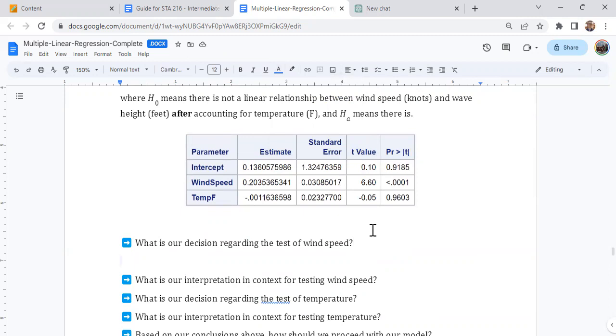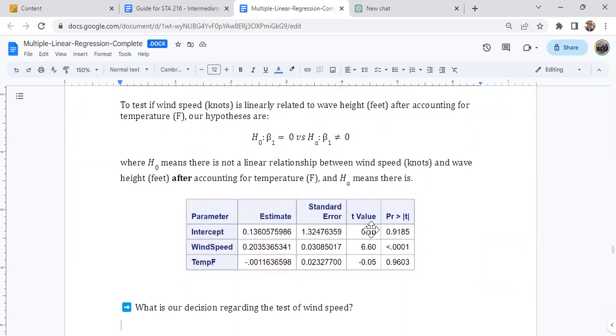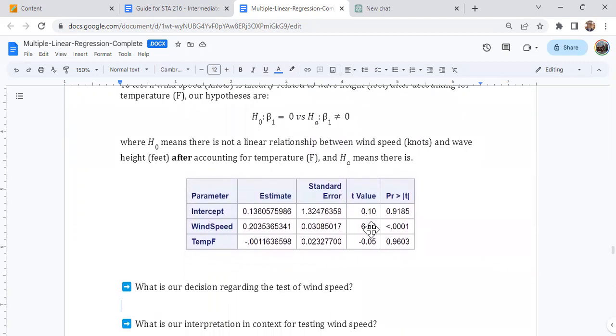Again, statistics is all just a bunch of hypothesis tests, where we're deciding if we reject the null or not. So now we have a new null. What's our decision regarding the test of wind speed here? We reject the null, yeah.